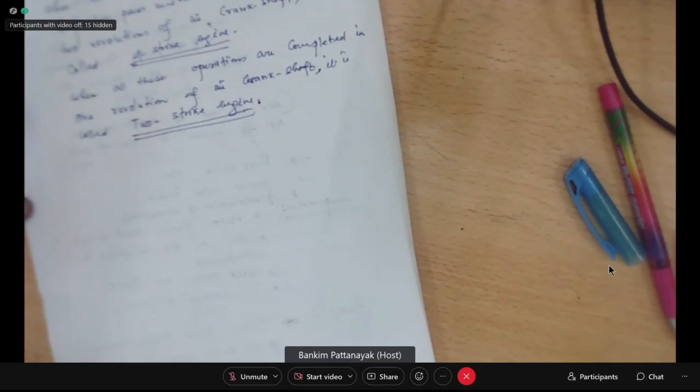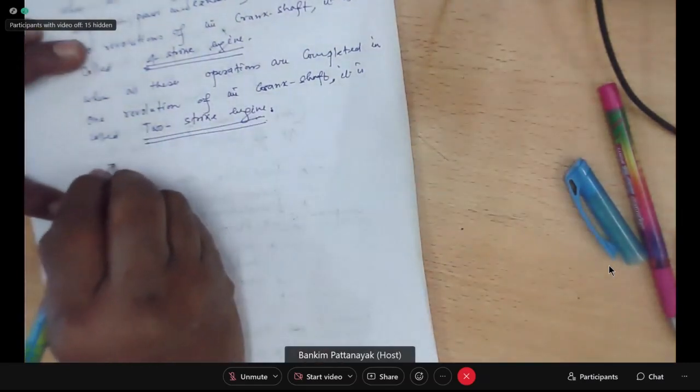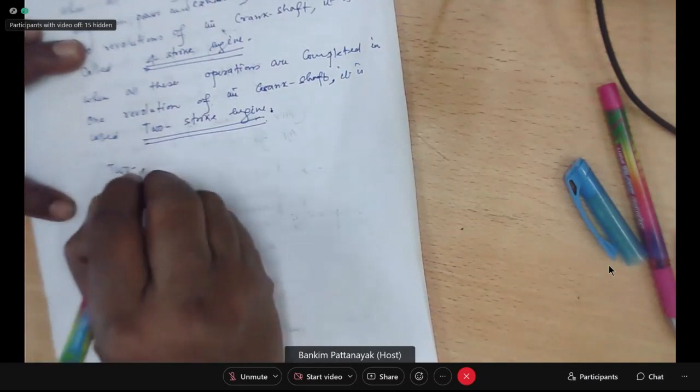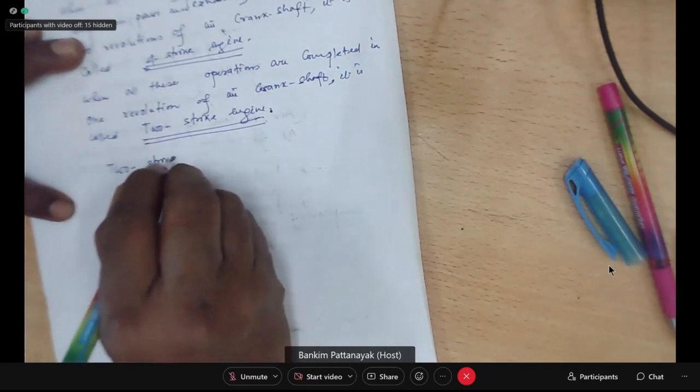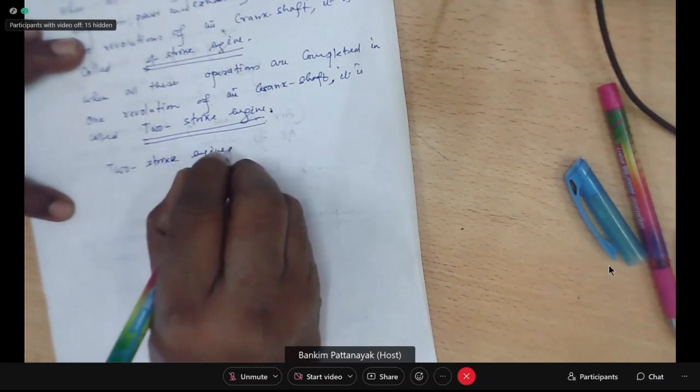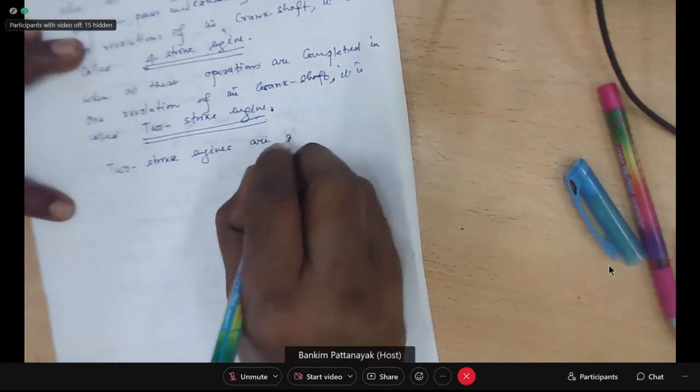So this is what happens in a two stroke engine. Actually, two stroke engines are more polluting than the four stroke engine. Both two stroke and four stroke engines are polluting vehicles, there's no doubt about it. But out of which two stroke engines are more polluting.